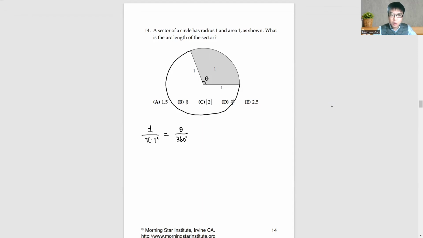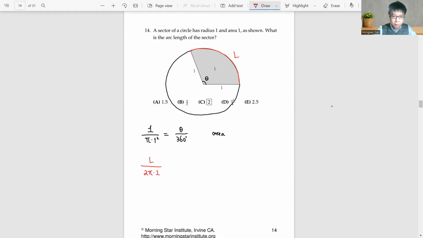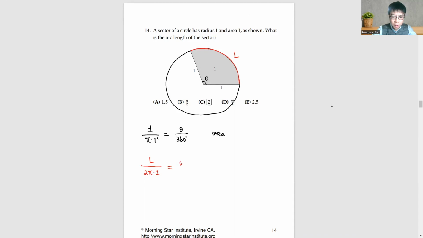Second, we considered the area. Let's consider the arc length. Let me mark this arc length. I will call it L. This is something to be solved. So L, the arc length of this sector, over the whole circumference, which is 2 pi r, is also the same fraction.